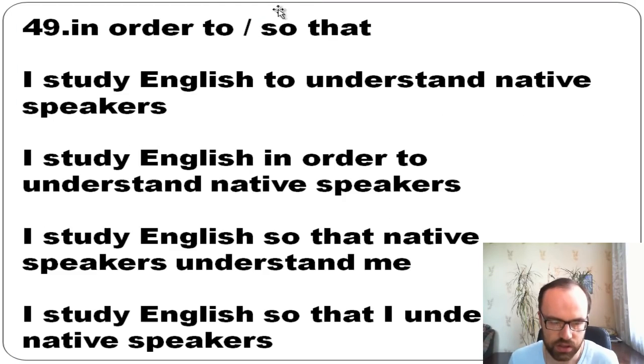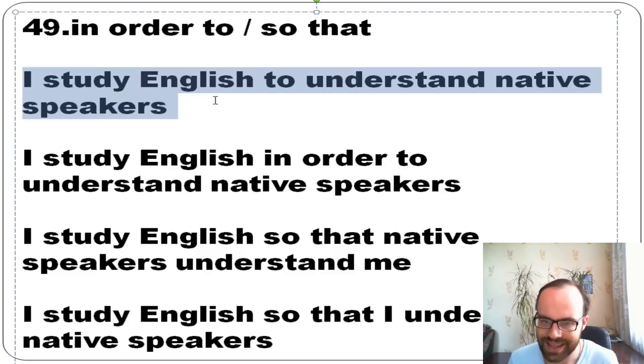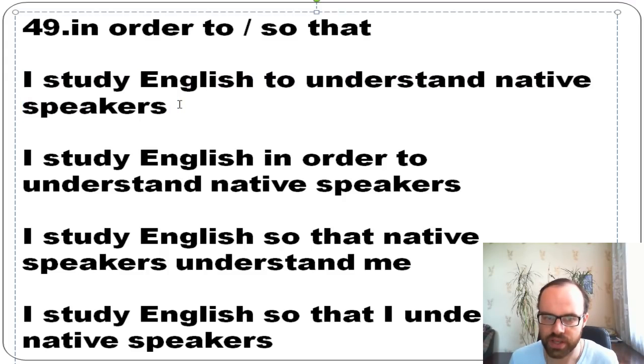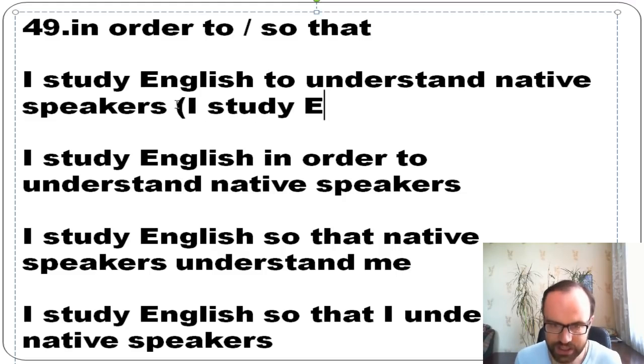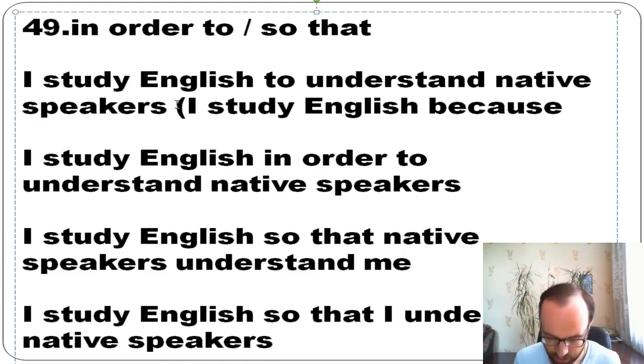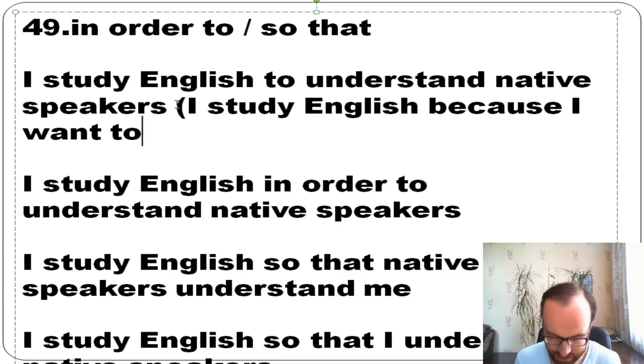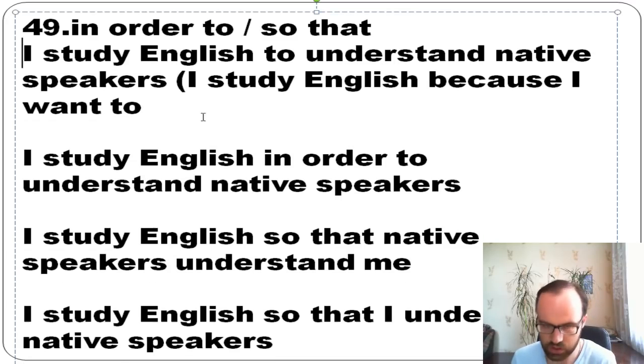Okay, next. In order to or so that. Look, I study English to understand native speakers. You can also say it this way: I study English because I want to understand native speakers.